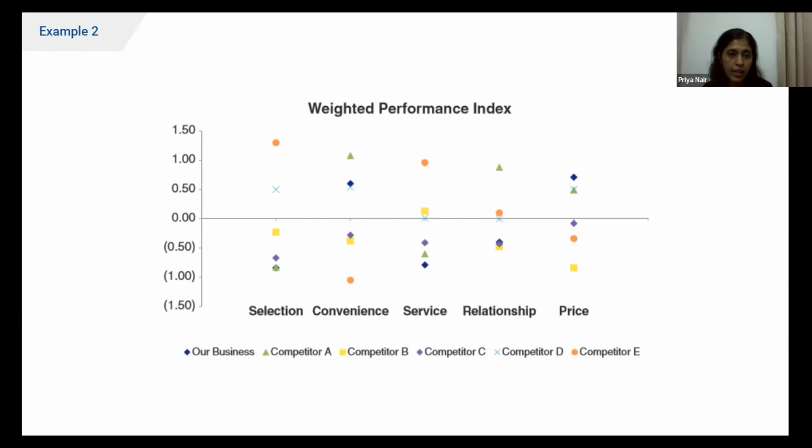If you look at the y-axis, we have negative values as well, and it is mentioned that this is a weighted performance index.